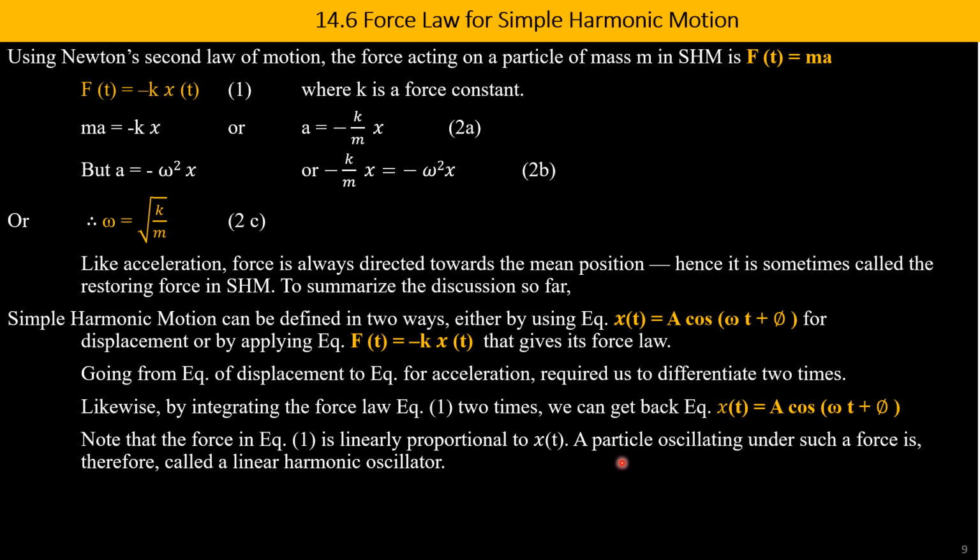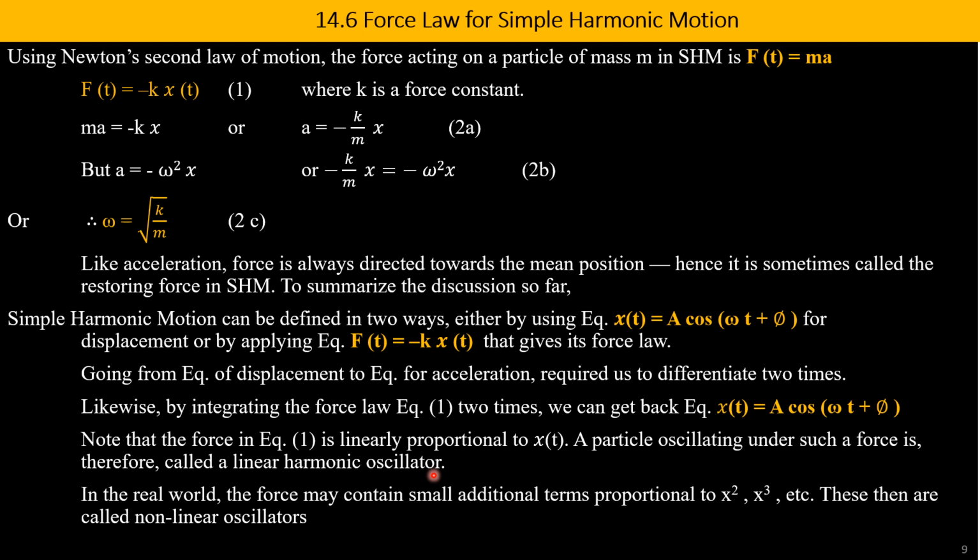A particle oscillating under such a force is therefore called a linear harmonic oscillator. In the real world, the force may contain additional terms proportional to the square of x or cube of x, that is x square or x cube, etc. Then these are called non-linear oscillators.